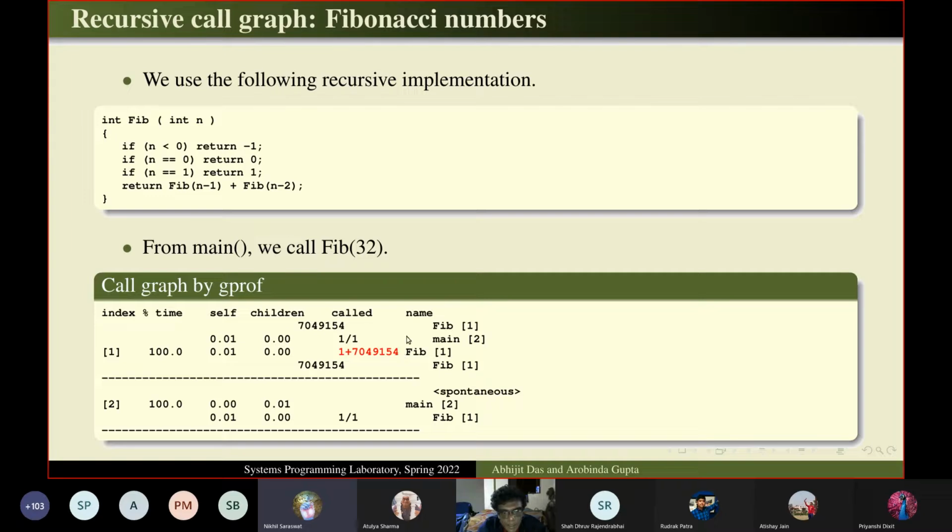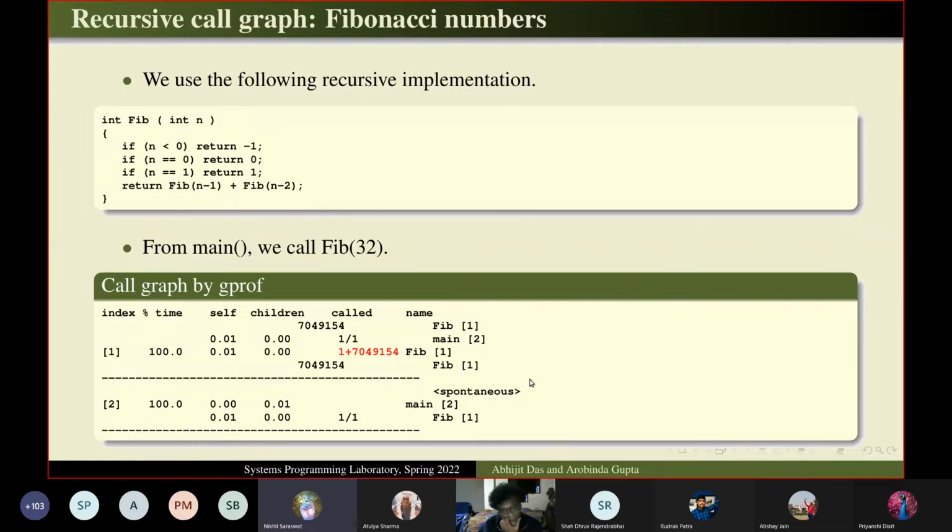Here also it's called once non-recursively, and fib is called by fib this many times, so these three numbers should match.